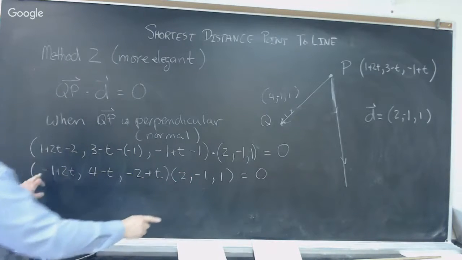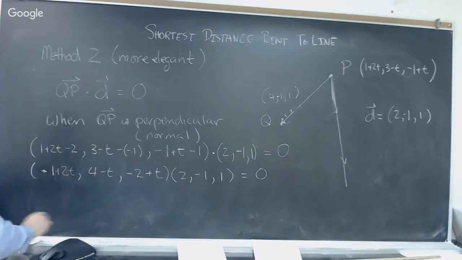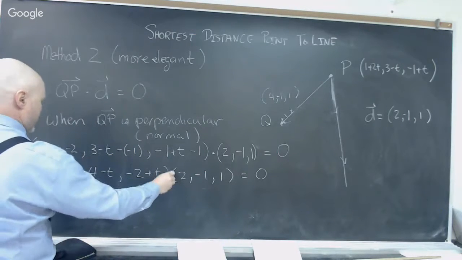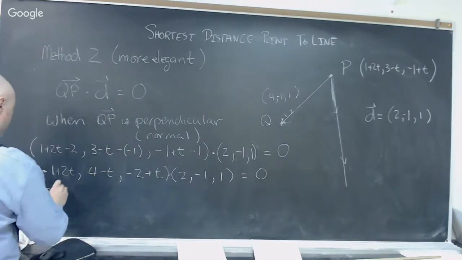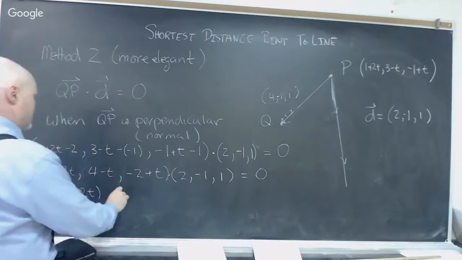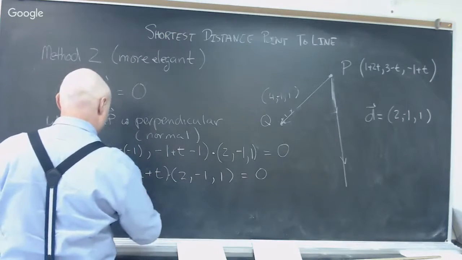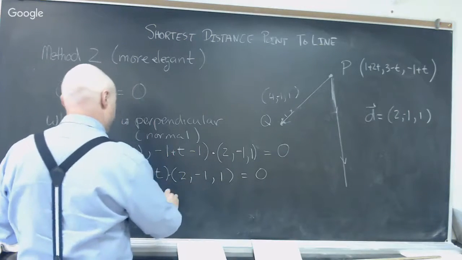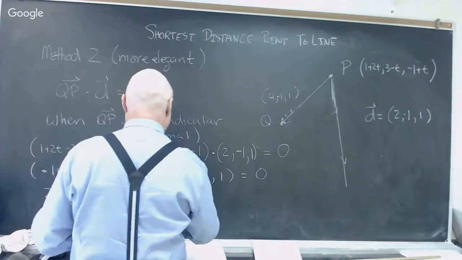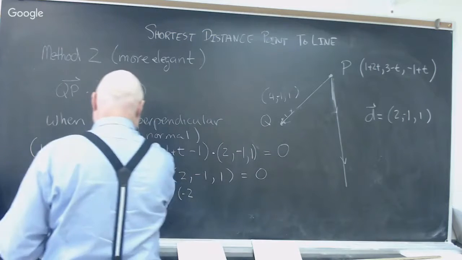Okay. Oh, that is a negative. Okay. So now I'm ready to do my dot product. 2 times -1 plus 2t, comma, -1 times 4 minus t, comma, 1 times -2 plus t.